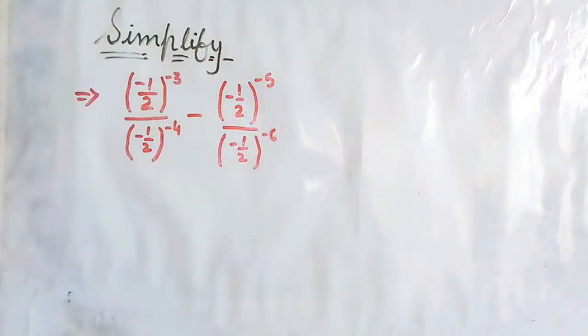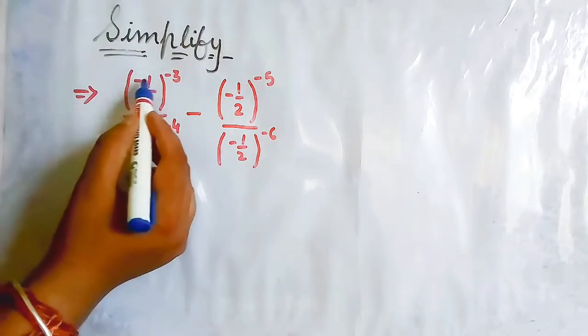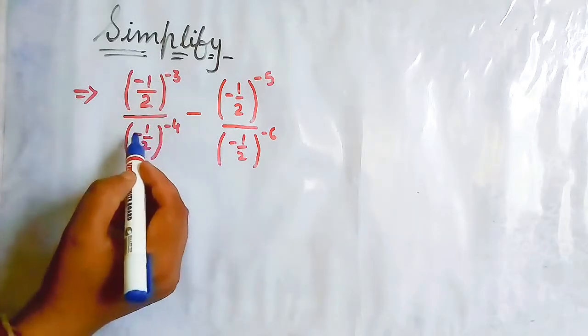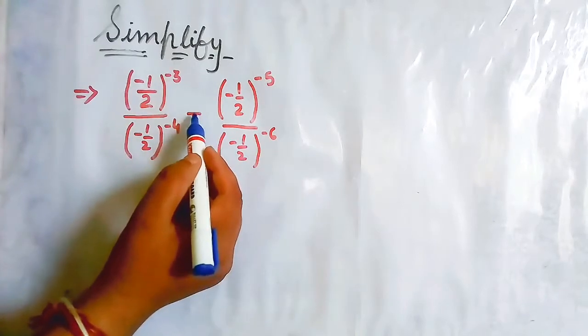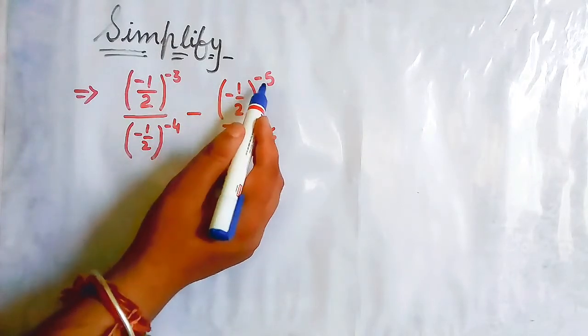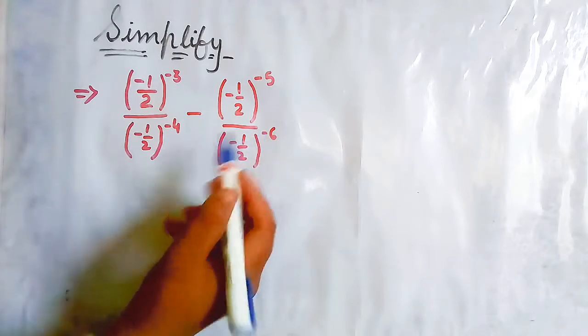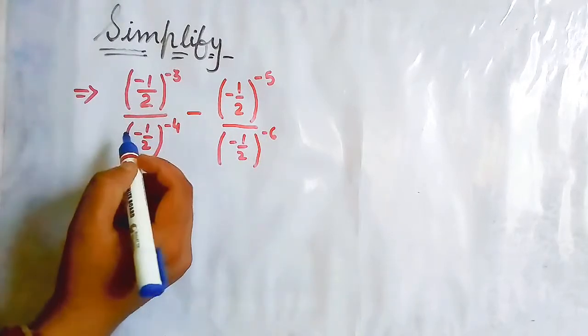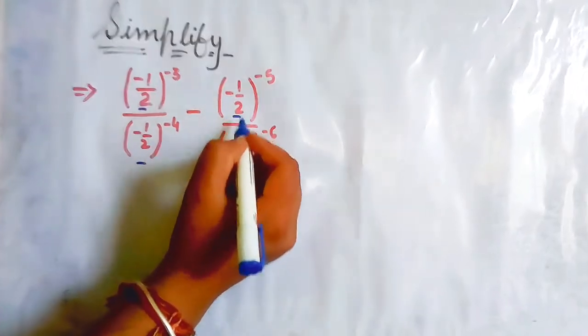Now let us see some simplifications. And here first question is (-1/2)^-3 upon (-1/2)^-4 minus (-1/2)^-5 upon (-1/2)^-6.